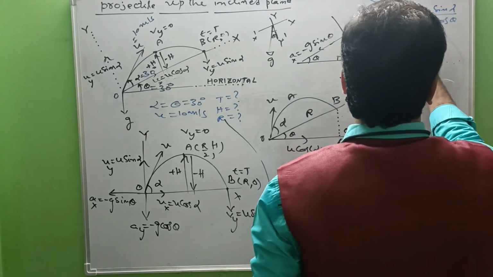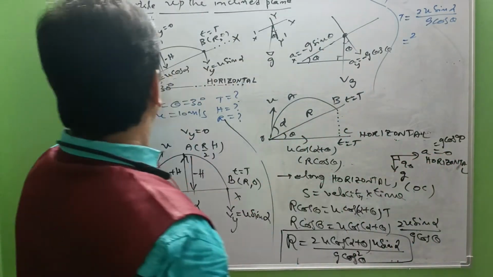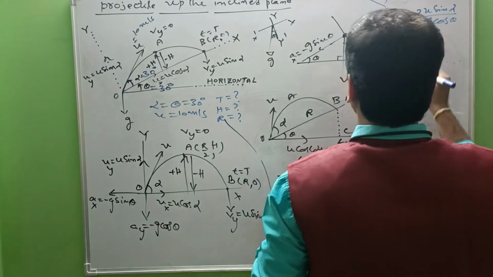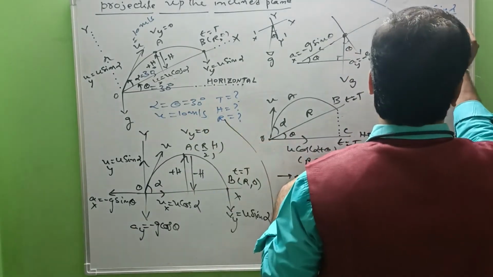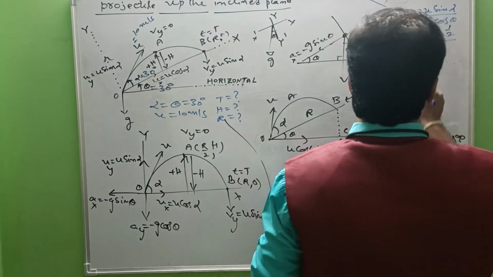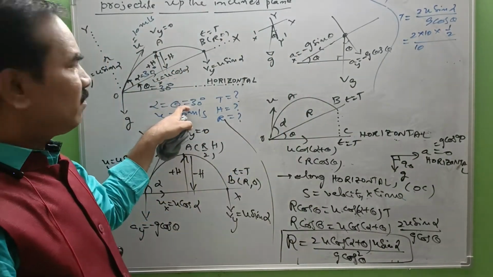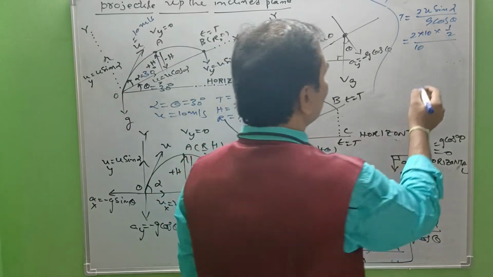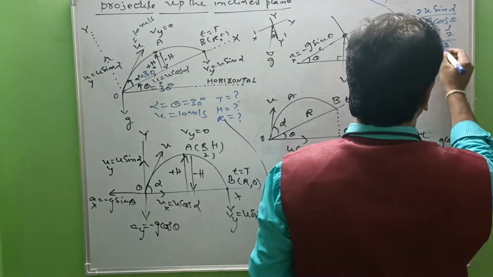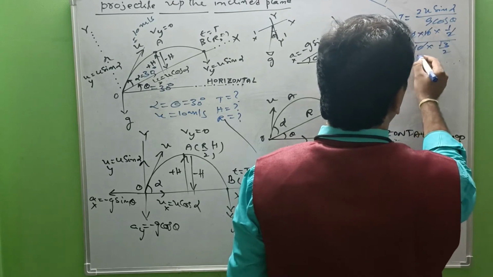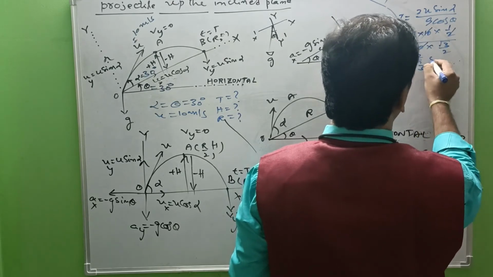What is U here? 10 meters per second. That is 2 into 10 into sin 30, that is 1 by 2, by g, suppose 10 meters per second square, into cos theta, also root 3 by 2. So 10 cancels, 2 cancels, that is 2 by root 3 seconds.